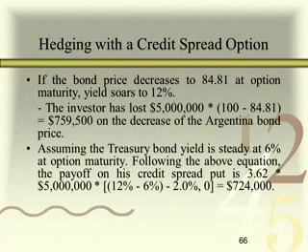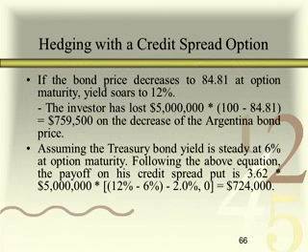If the bond then went from 100 down to 84.81 at option maturity, since the bond price went down, what do we know about the yield? It goes up. So it went from 7 to 12%. Then the investor has lost $759,500 on the decrease. It went from 100 down to 84.